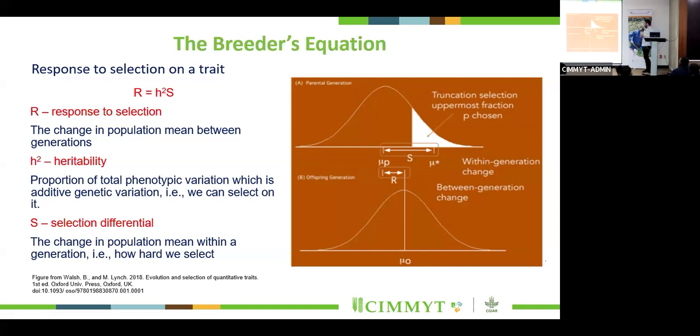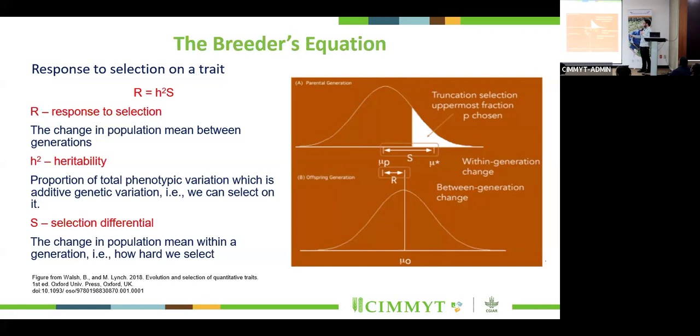You're all familiar with the Breeder's equation. Response to selection is the heritability times the selection differential. So the selection differential is the mean of the population that you started out with in the parent generation, and then the mean of the lines you selected when you did your truncation selection in this case.